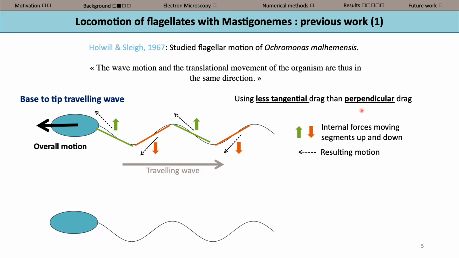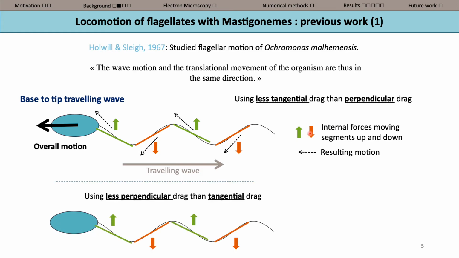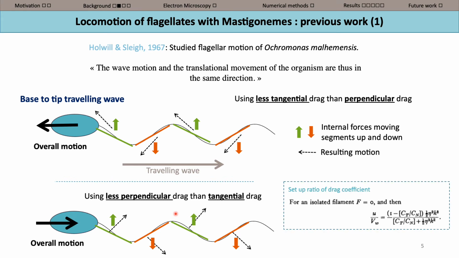And Howell and Slay suggested that this could change if there is less normal drag than the tangential drag, in which case the segments want to move more in the normal direction, and ultimately, if there is enough tangential drag, then the net motion will be backward, so in the direction of the traveling wave.